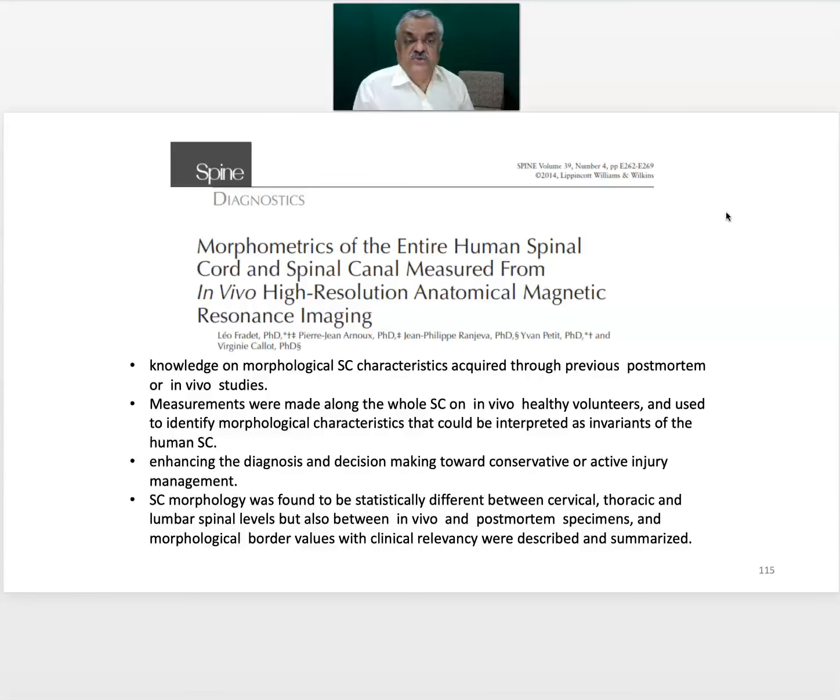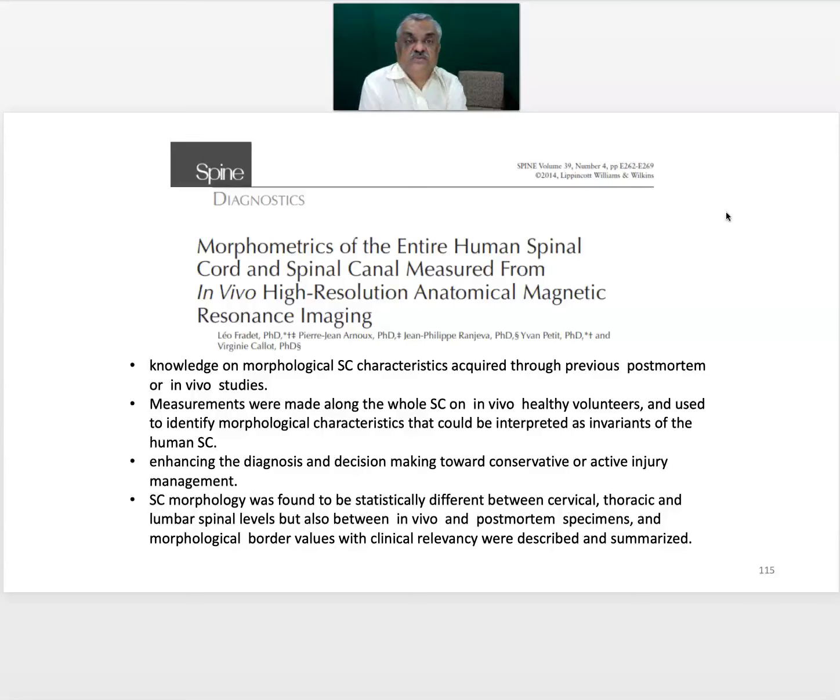Now, we need to look very carefully at this paper, which is talking about morphometrics of the entire human spinal cord and spinal canal measured from in vivo high resolution anatomical magnetic resonance imaging. Now, what it means is knowledge on morphological spinal cord characteristics are acquired through previous post-mortem or in vivo studies.